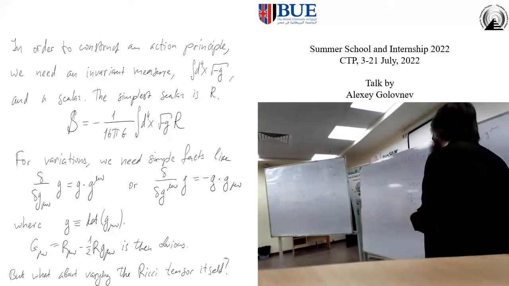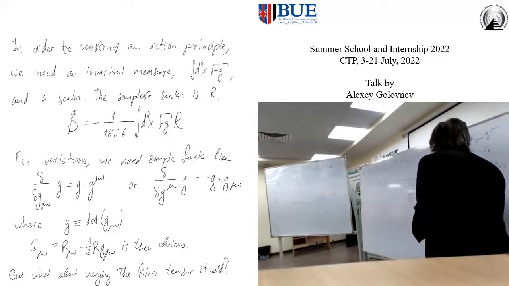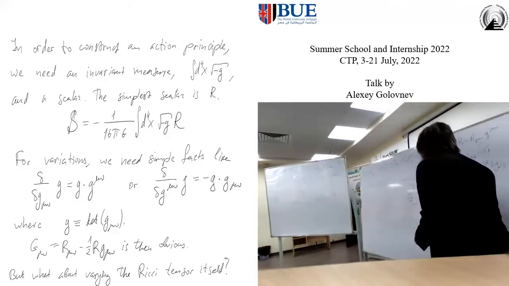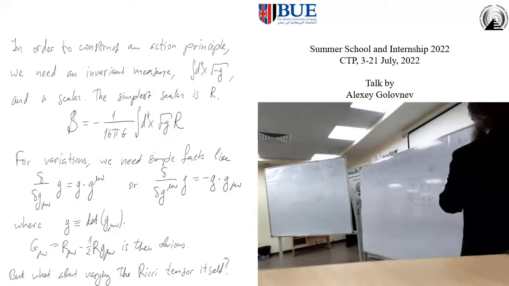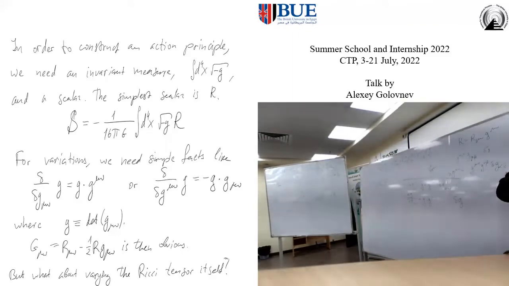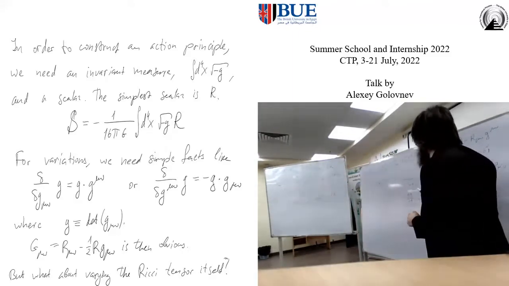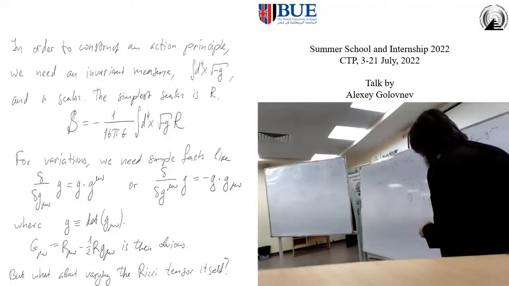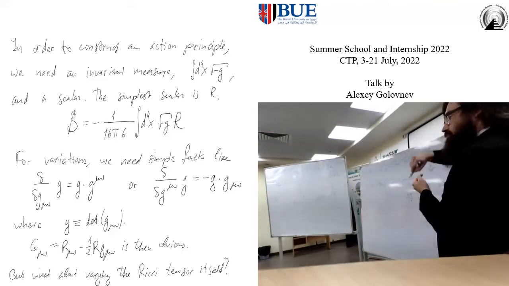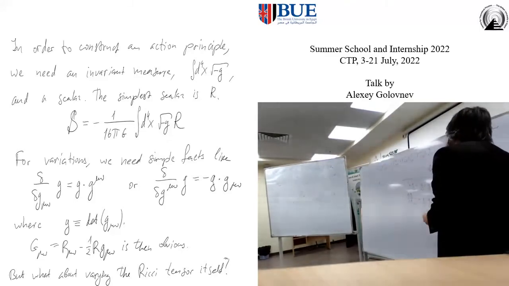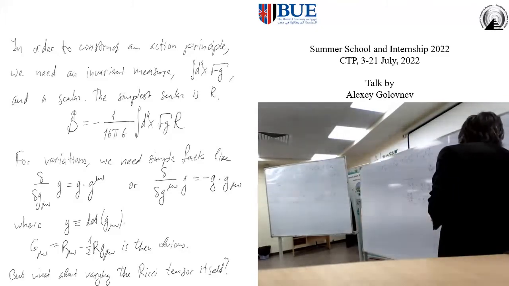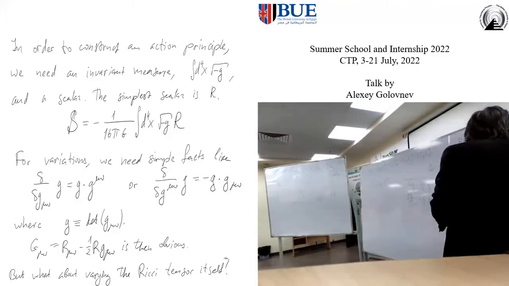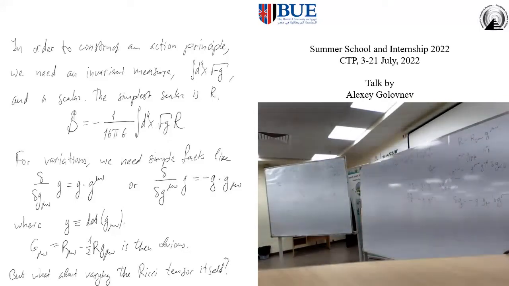And if I want to do it the other way around, to calculate the variation of the determinant with respect to the variation of the inverse metric, then you can either use this here, or you can use that the determinant of the inverse metric is 1 over the determinant, right? Then you will find minus g multiplied by g mu nu, variation of the inverse metric.